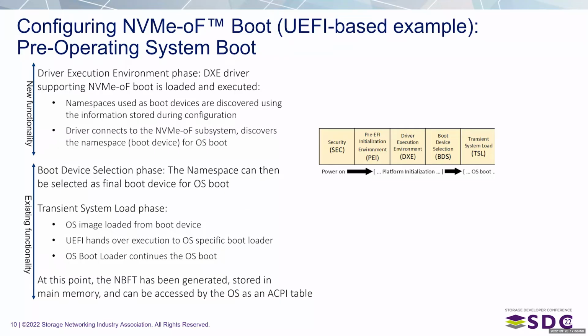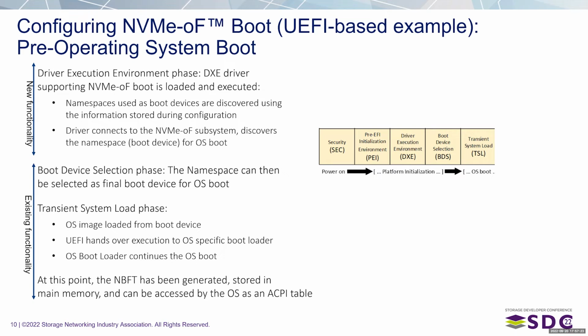For NVMe fabric booting in the UEFI environment, boot starts with the security and PEI phases. NVMe fabric boot introduces new functionality in the driver execution environment, or DXE. This includes that namespaces used for boot devices are discovered from the information stored during configuration, and that the driver connects to NVMe fabric subsystems and discovers namespaces that are present for OS boot.